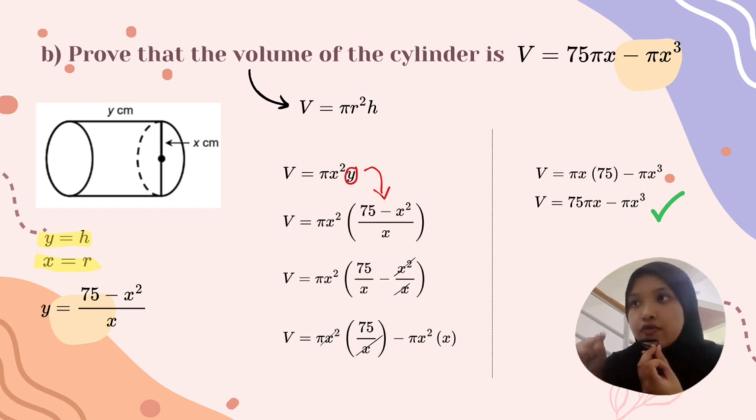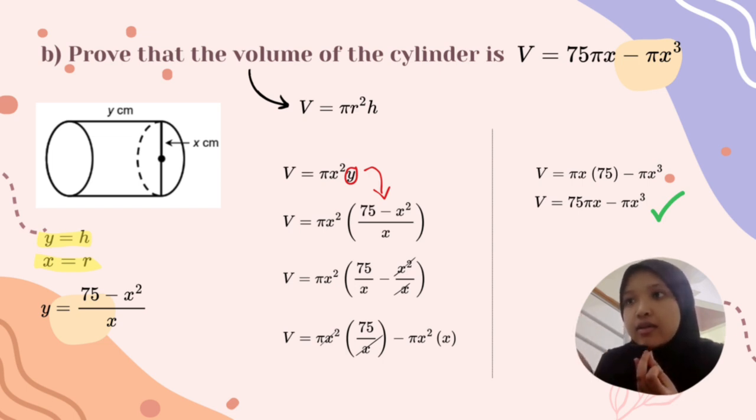We know the formula for the volume V of a cylinder is V = πr²h, where r is the radius and h is the height of the cylinder. To simplify the notation, we will use x for the radius r and y for the height h. Thus, the volume formula becomes V = πx²y. We are given the height y in terms of x, so y = (75 − x²)/x.